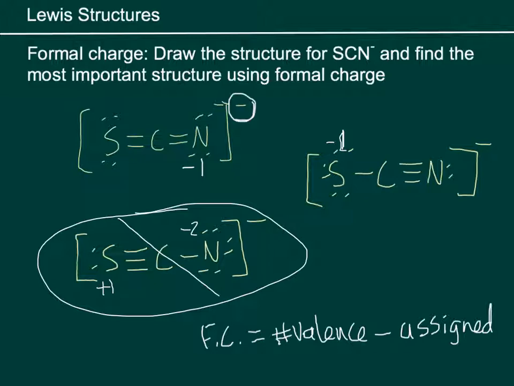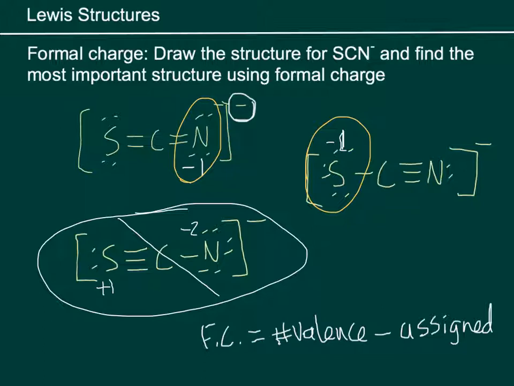Now between these two, we have to decide which one is most important. The major difference is where we're going to put this formal charge of -1. This one has it on the sulfur, this one has it on the nitrogen. The trick here comes down to electronegativity: the most electronegative element is more likely to take the negative formal charge.